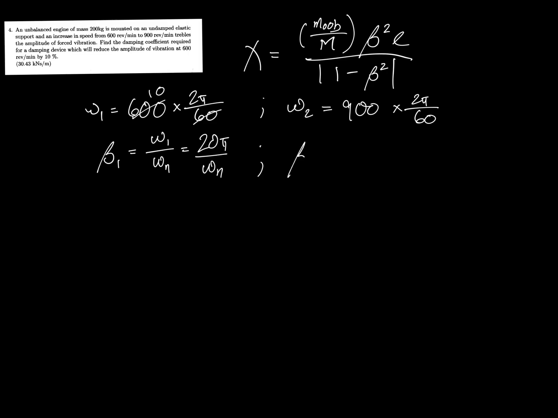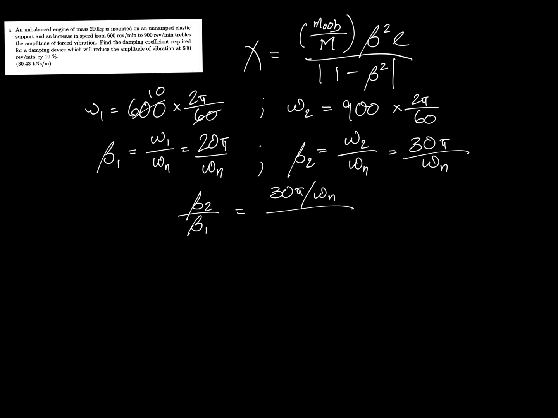And for beta 2, likewise, it is omega 2 over omega n, and we get 30 pi over omega n. So beta 2 over beta 1 will be 30 pi over omega n divided by 20 pi over omega n, and this is going to give us a relationship of 3 over 2.